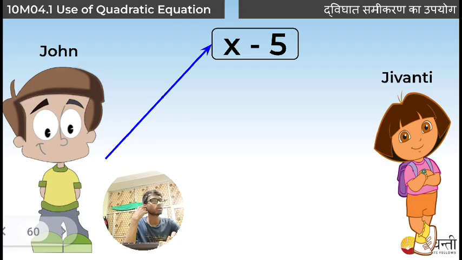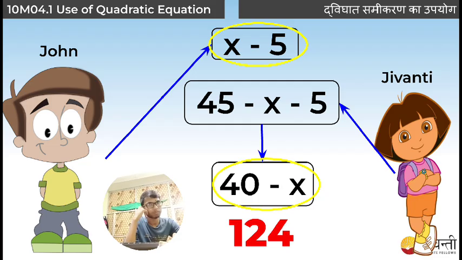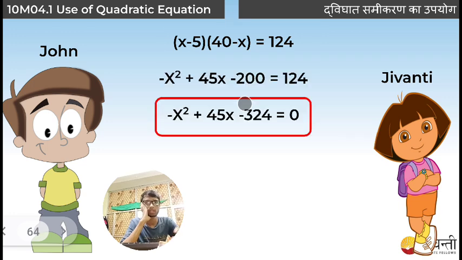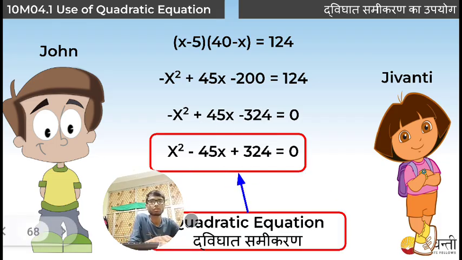For example, x minus 5, and this whole is equal to 124. So x minus 5, then 40 minus x, then this is equal to 125. Just simplify it, and you will get this. So this whole is a quadratic equation.